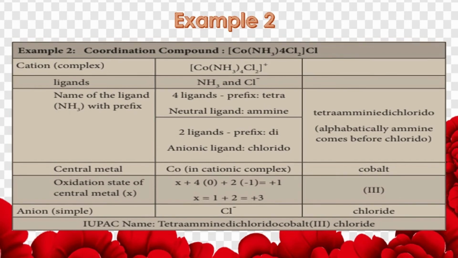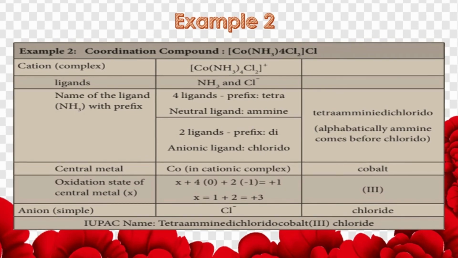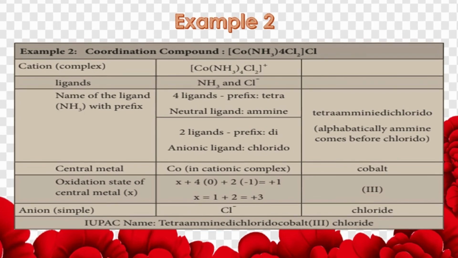Then after naming the ligands, you will name the central metal atom. Here the central metal atom is cobalt. It is a cationic complex, so the name of the central metal atom will be the same as in its elemental state. So cobalt will be named cobalt.